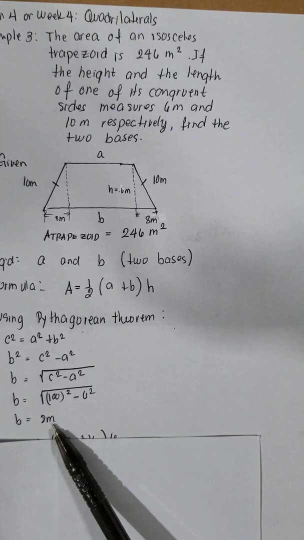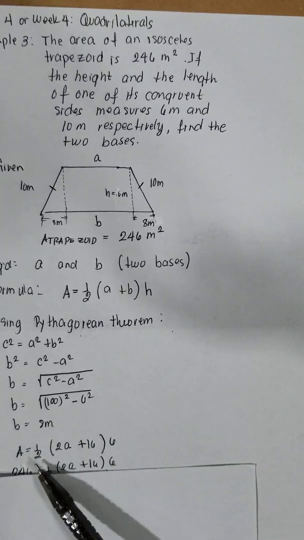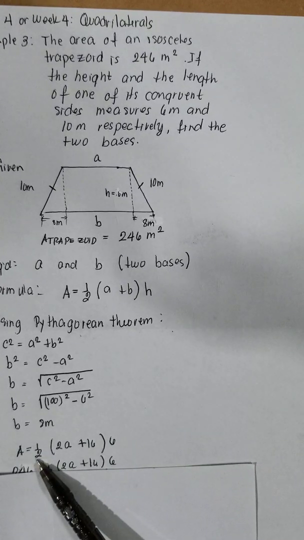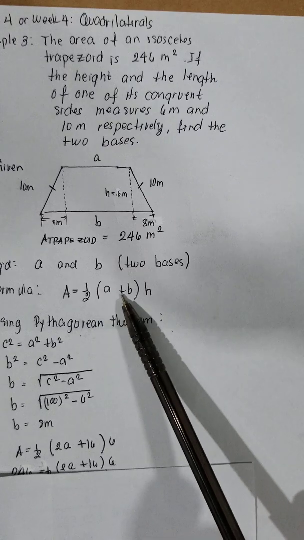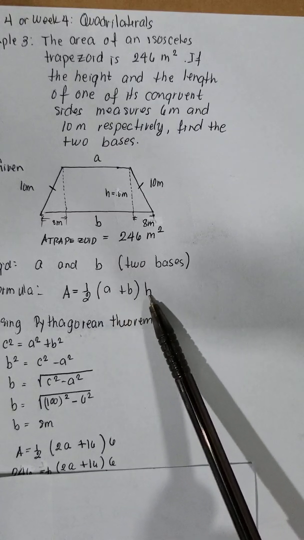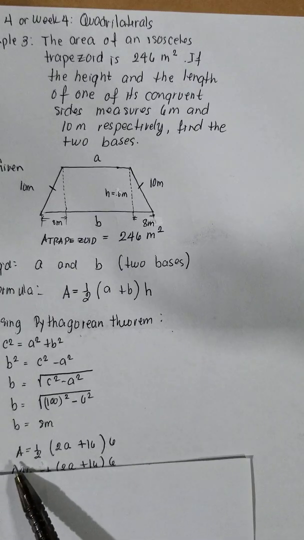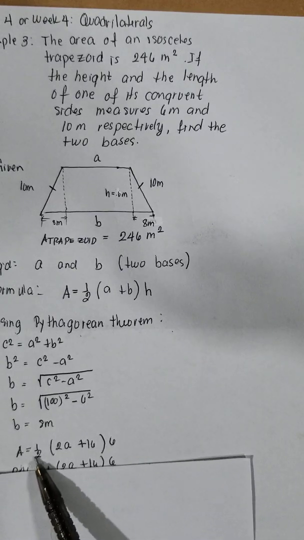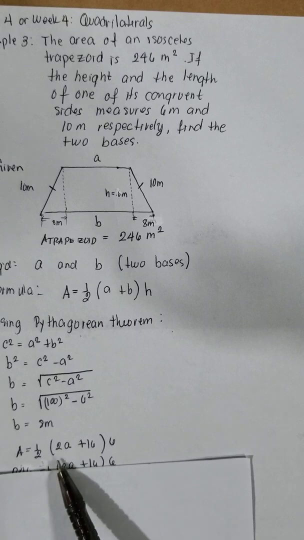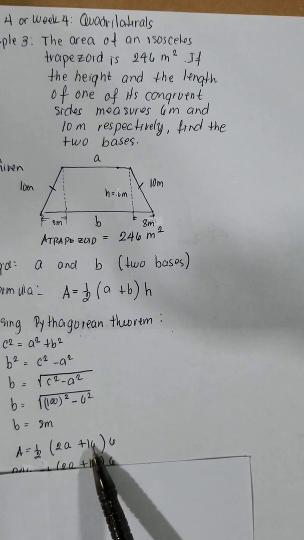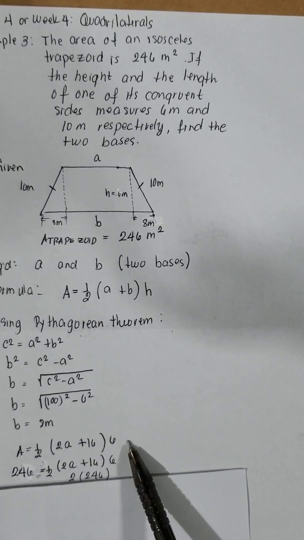Since area has the formula of 1/2 A plus B multiplied by H, the height, the area gives us the area is equivalent to 1/2 the quantity 2A plus 16 multiplied by the height.